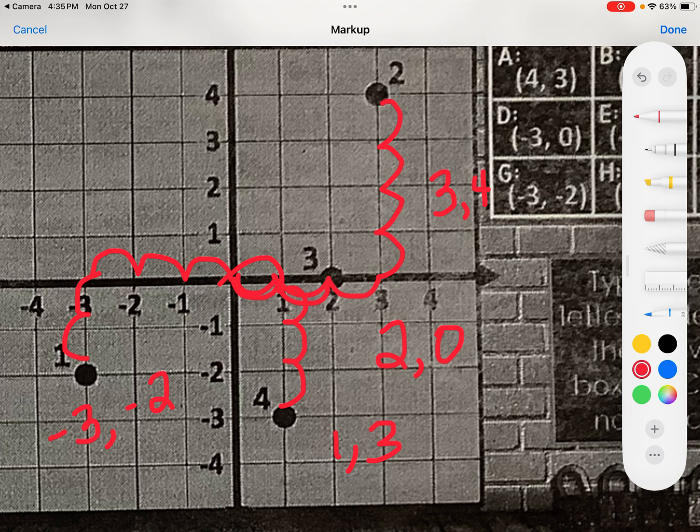All right, so you want to make sure that when you're plotting your points that you count your X and then your Y. And then in this particular assignment, it needs to be all caps, no spaces. All right, you need to make sure you're writing down your codes as you go. So that's really important.